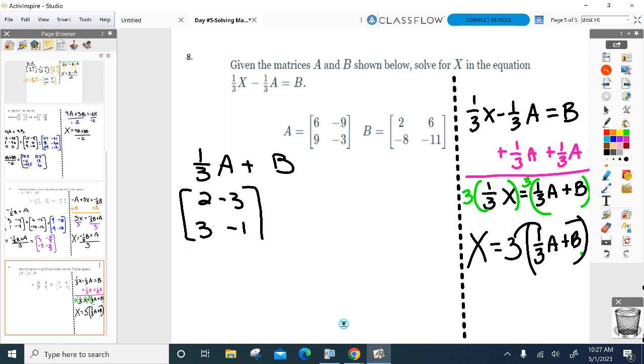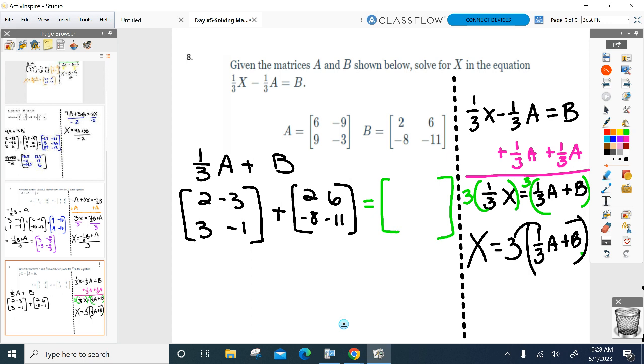Just make sure before you do any adding, you're multiplying matrix A by 1/3 or dividing by 3. And remember, it doesn't matter the order you add them.